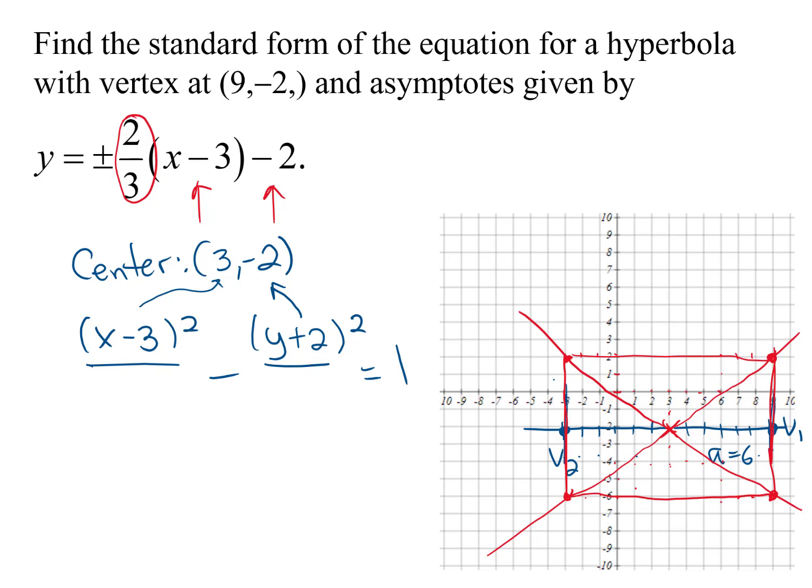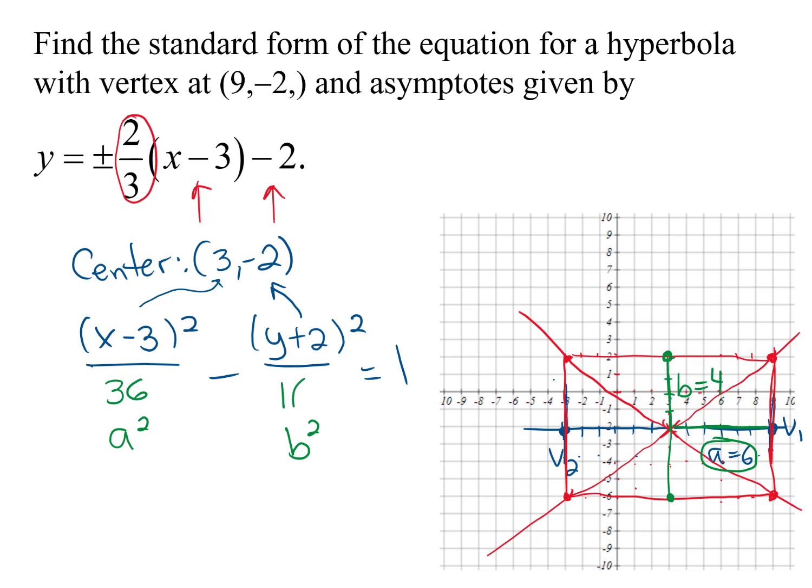Now a would be how far we would go from the center over to a vertex, so I can see that a is going to be 6, and so a squared goes under the x squared, so that's going to be 36. Now I need b squared, and b is how far I would go up here for the conjugate axis, so I'd have this point and this point, so we can see that from the center that is 1, 2, 3, 4, so b is 4.